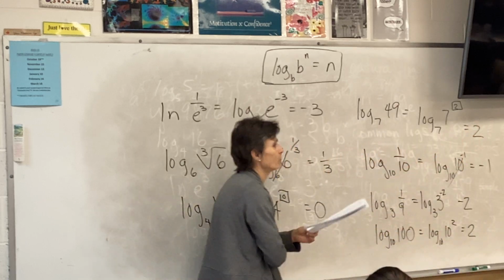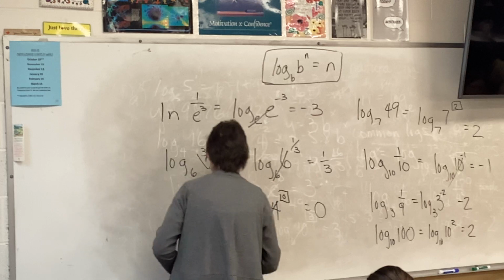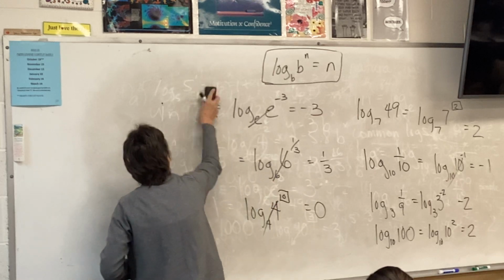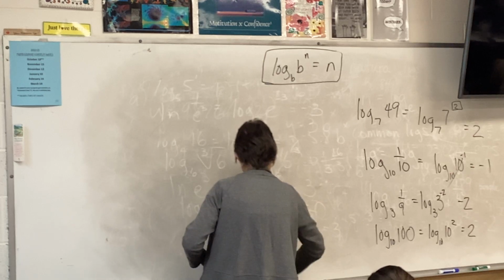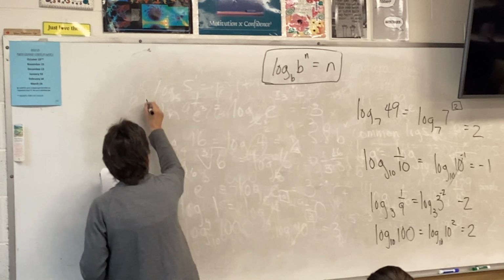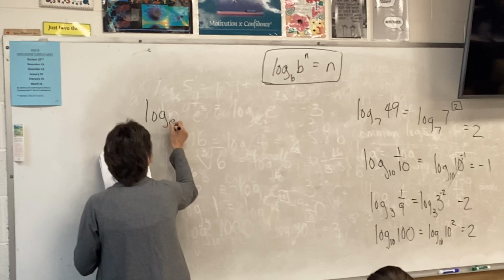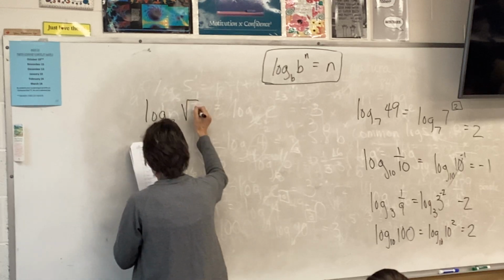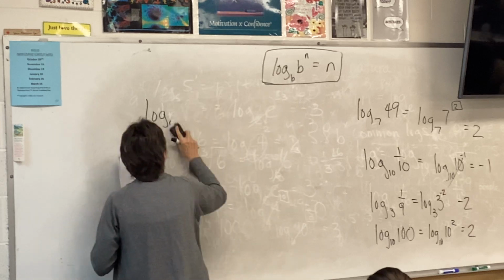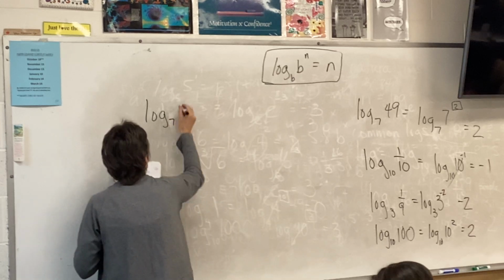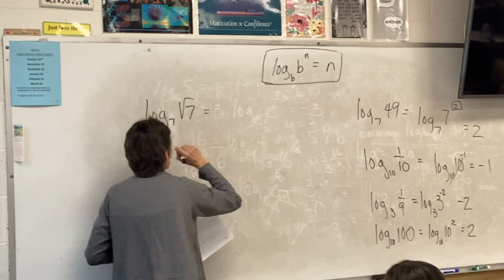Spend a minute with 14. What do you think about 14? I heard a 2, and I heard a 1 over 2. Log base 7 of the square root of 7.